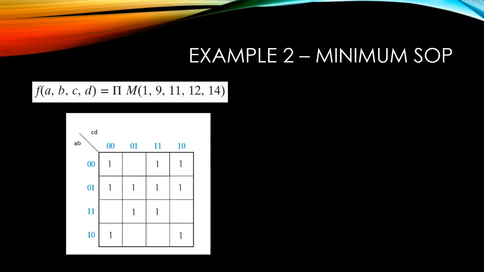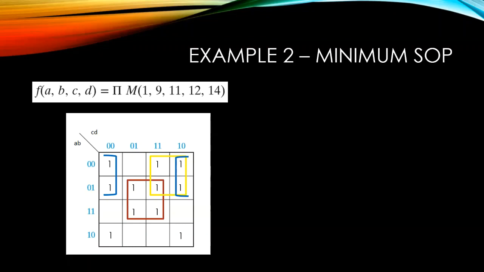Definitely group of 4, and we have lots of group of 4. So it's up to you where to start for this example. For me, I'm going to start at the middle, and then group of 4 on this quadrant. And how about this 2? I could group it with this column to have a group of 2.